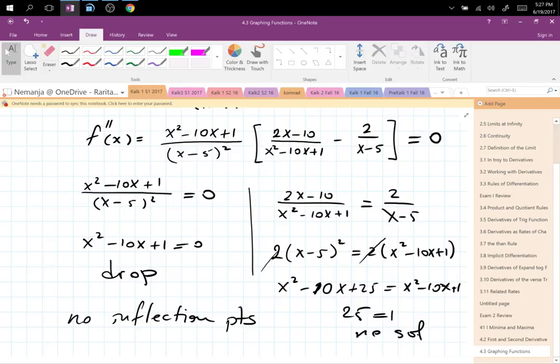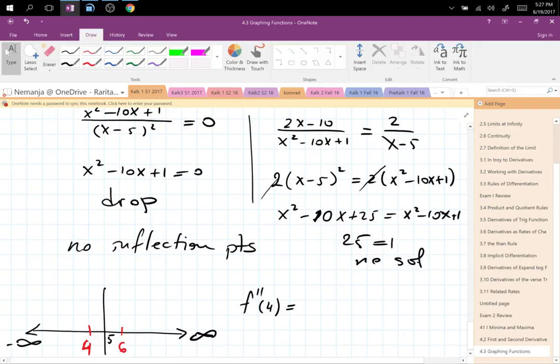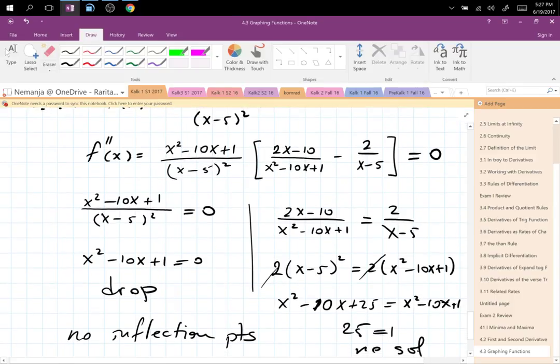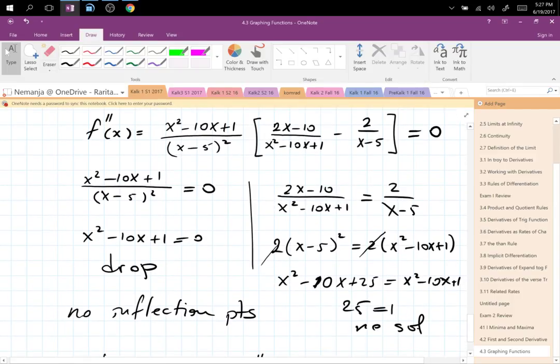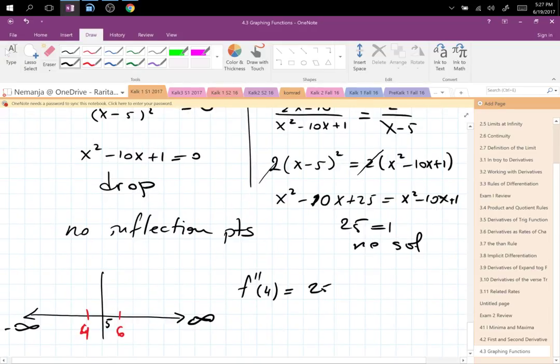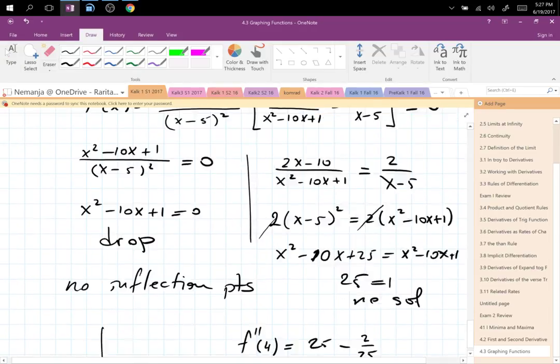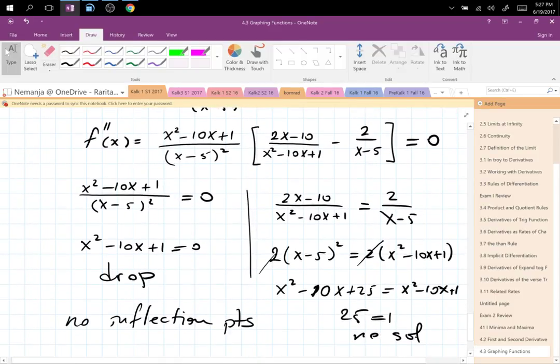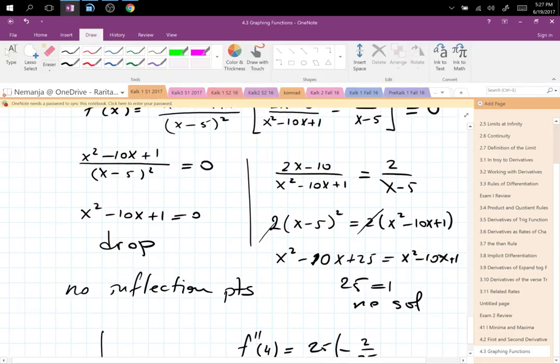So what do we have? Computing a number 4, we have 16 minus 40, which is 20, very good, plus 1, so 25 over 1, so that's a 25, and then I have negative 2 over 25, and this is 4 minus 5 negative, so plus 2.